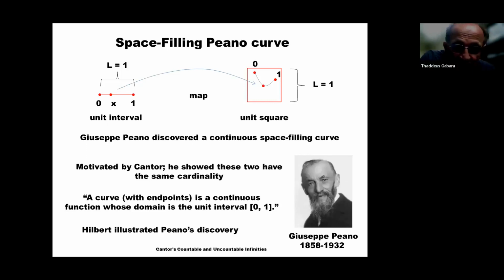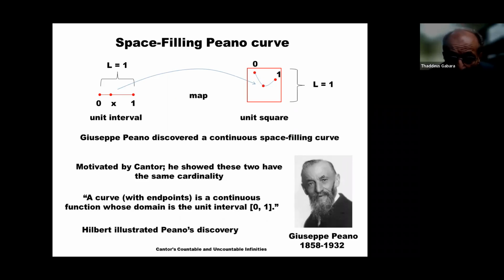Now we can move into space-filling Peano curves, where we saw that the real numbers between 0 and 1, all of these numbers have that cardinality of the continuum, C. And this is in one dimension only. Cantor said that you can go into 2 dimensions and cover an area.